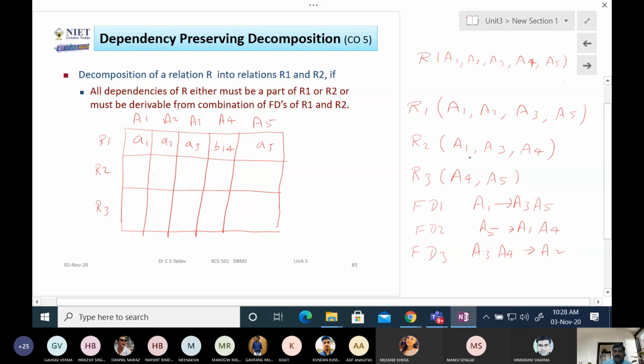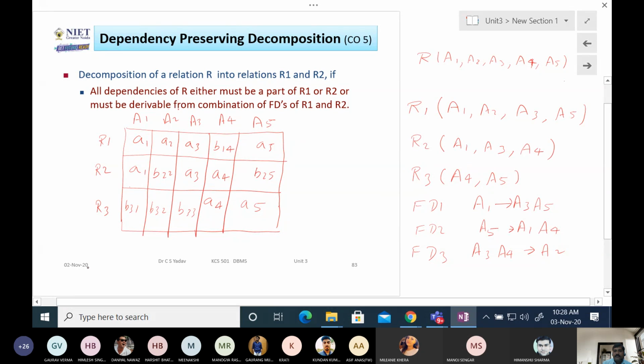Then in the second row, here A1, in this case A3, in this case A4, and this is initialized with B22 and B25. And in the third row, this is initialized with A4, this is initialized with A5, and here B31, B32 and B33.